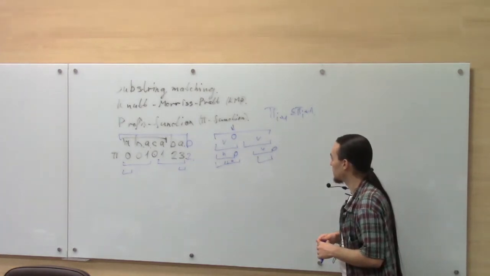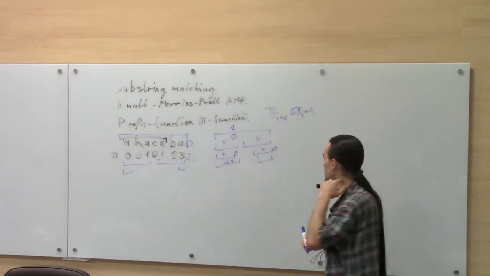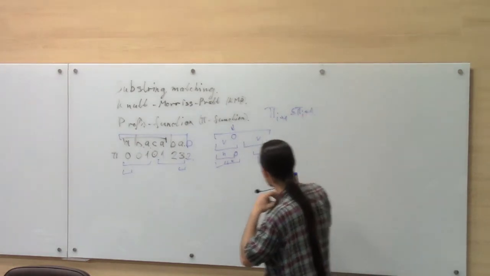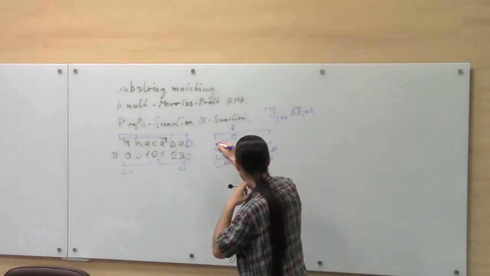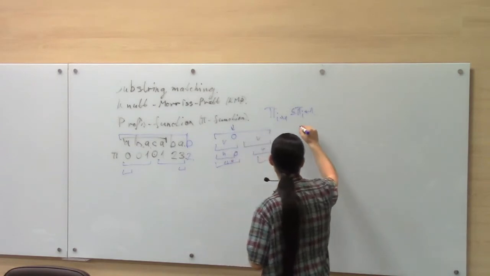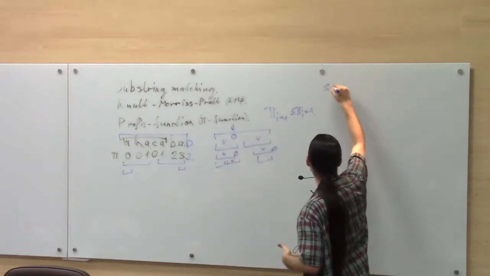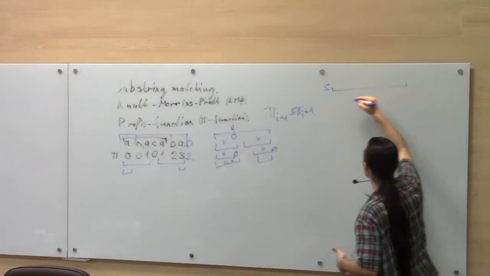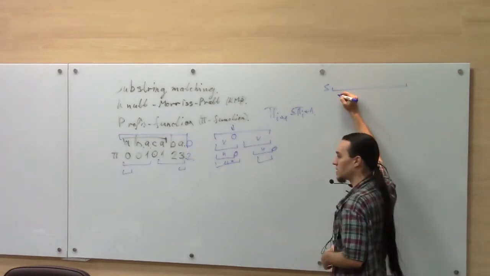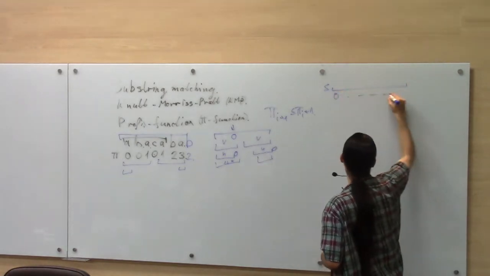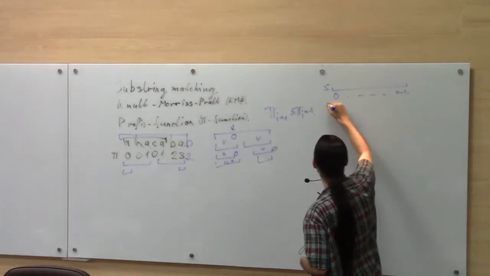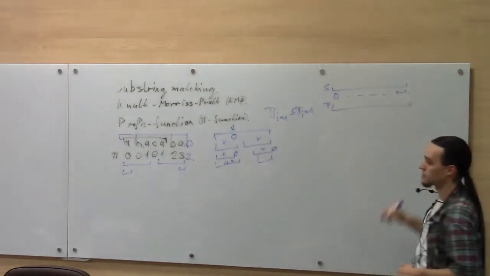So let's try and write some code. Our string, let's say there's a string s, and its characters are numbered from 0 to n-1, and we want to fill the array p.